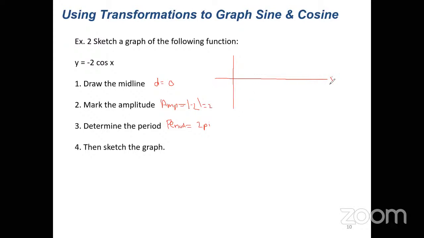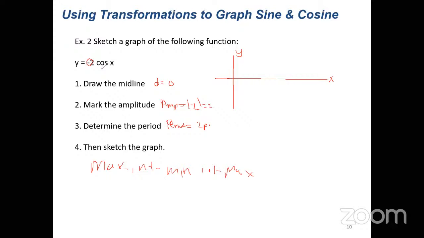your x-axis, draw your y-axis, and remember how cosine is. It's going to be max, intercept, min, intercept, max. And I'm trying to write this. Okay, what is the negative going to do to this function?